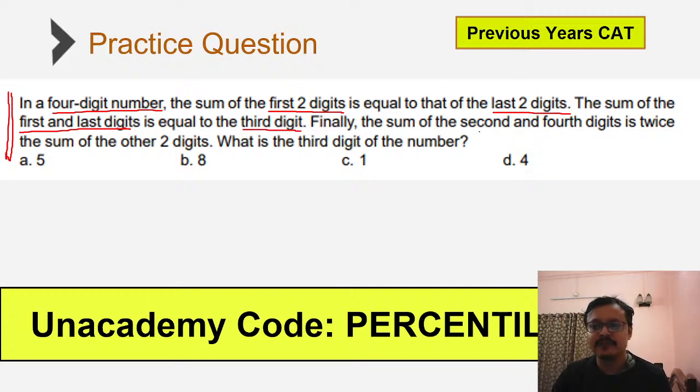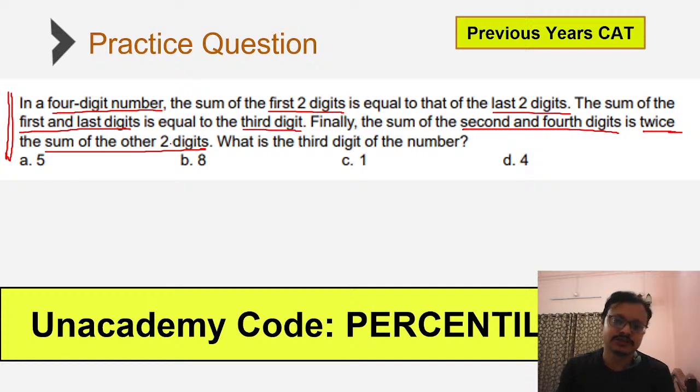Finally, the sum of the second and fourth digit is twice the sum of the other two digits. Again, it's a previous year CAT question. And finally, the question is asking, what is the third digit of the number? So you have four options, 5, 8, 1 and 4.